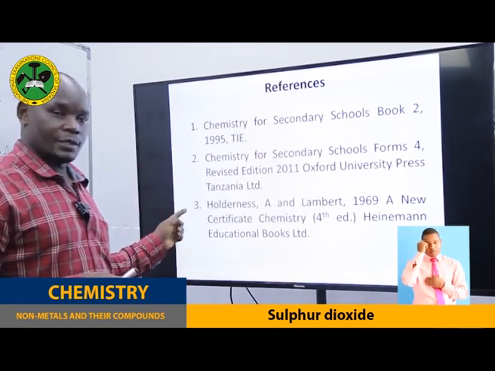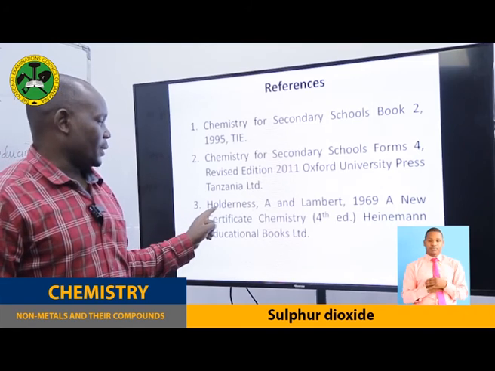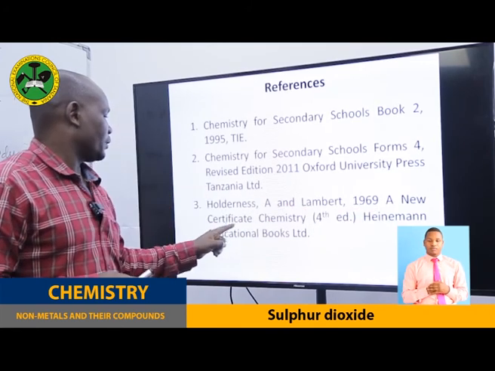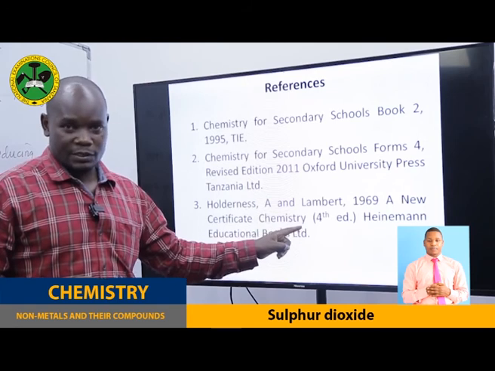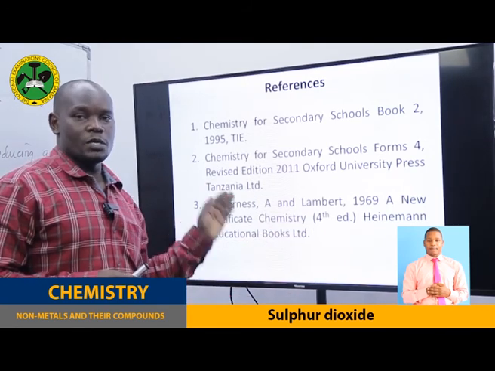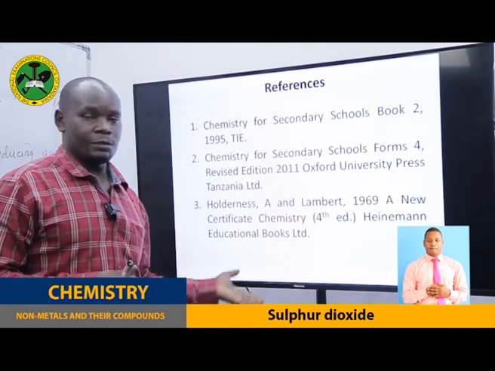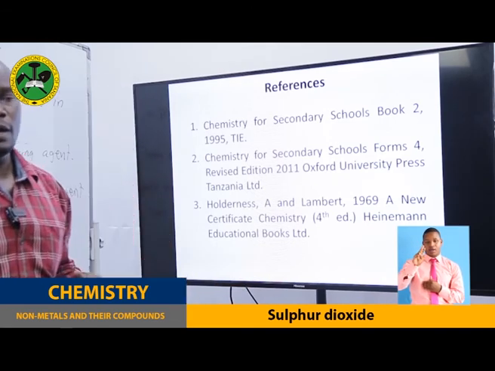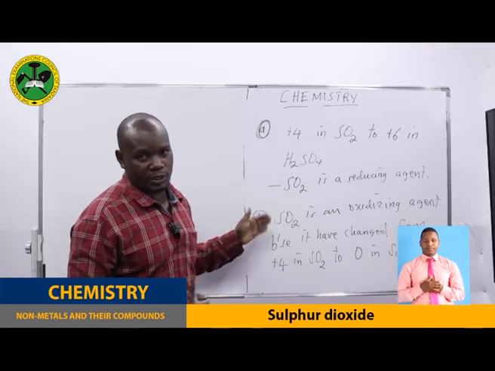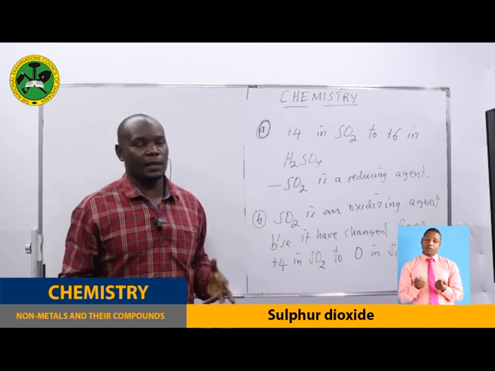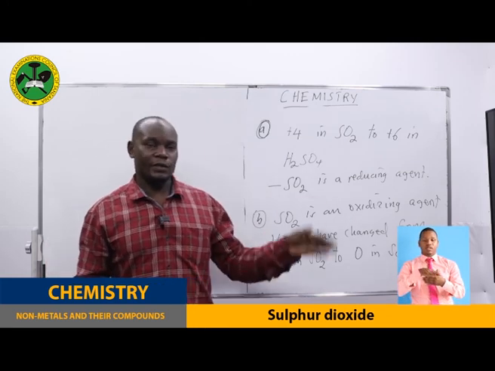But also we have the third reference, which is known as a New Certificate Chemistry, 4th edition, commonly known as Lambert. And through these references, I'm sure you will be able to answer those questions, or you will be able to answer any examinations after reading it.